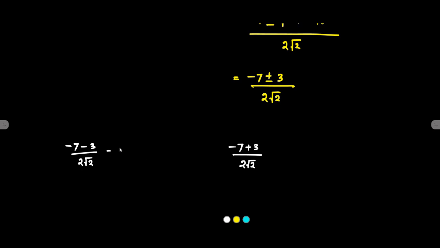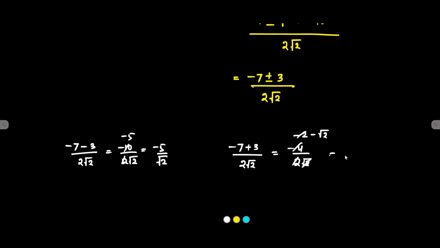This will be equal to minus 10 by 2 root 2. So 2 fives are 10, it will be minus 5. So it will be equal to minus 5 by root 2. And here this will be equal to minus 4 by 2 root 2. So it is equal to minus 2 by root 2, and this will be equal to minus root 2.